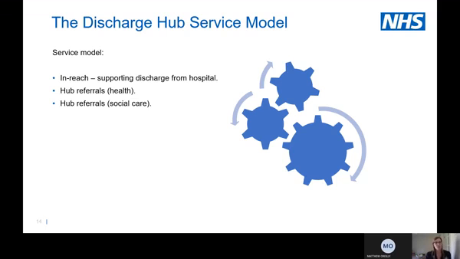But we also had the social care team, who again were in a different space. They weren't all sitting together. So to get the service model, we had to understand the needs of each of these groups and understand what the demands were of these groups from day to day.